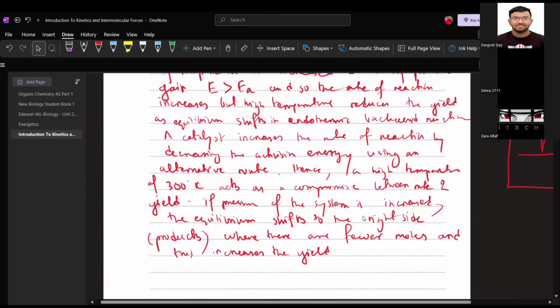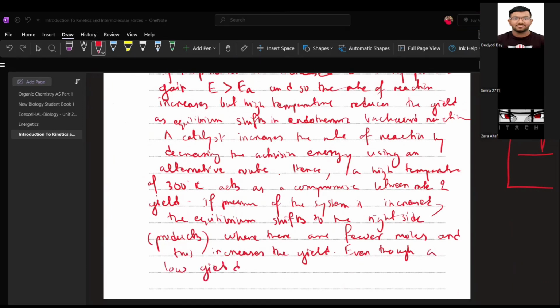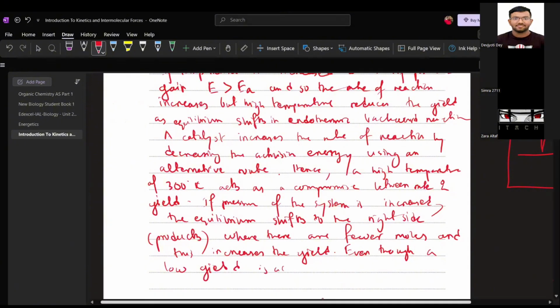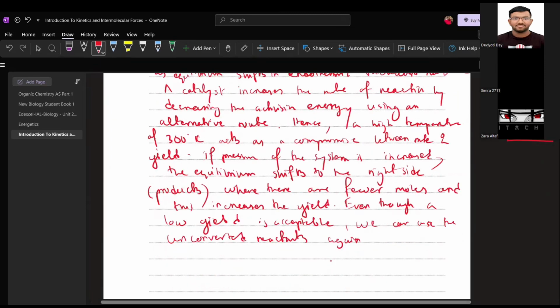So that's what you're going to write, that even though there is a low yield, we can use the unconverted reactants again for recycling. Did you understand?